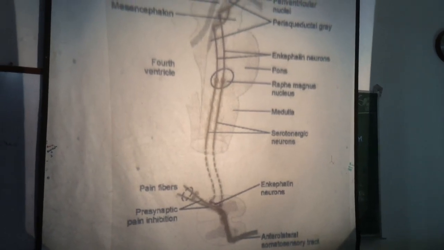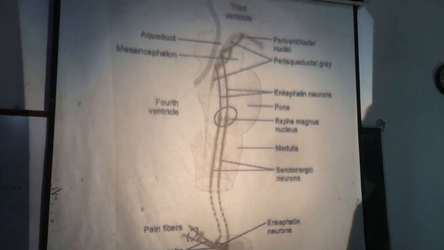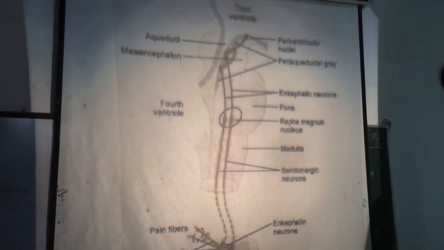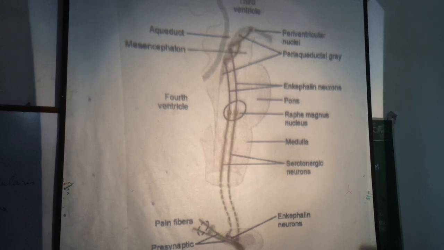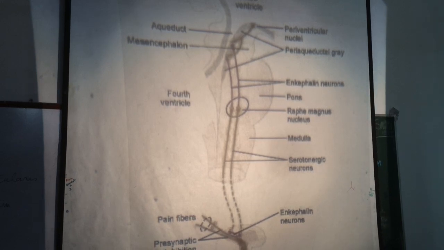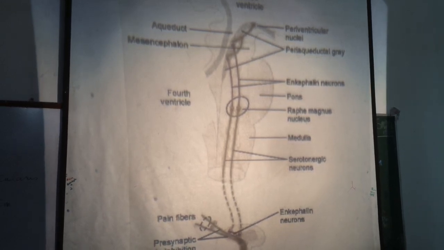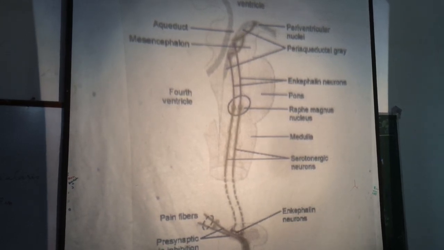And keep in mind, enkephalin also binds with the morphine or opiate receptors to produce analgesia.